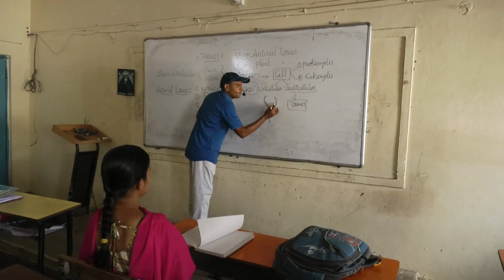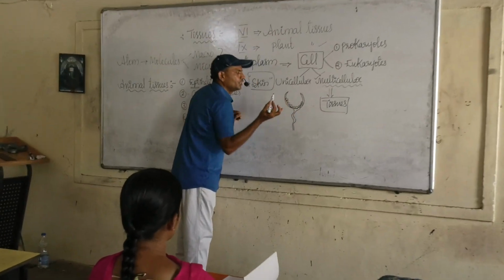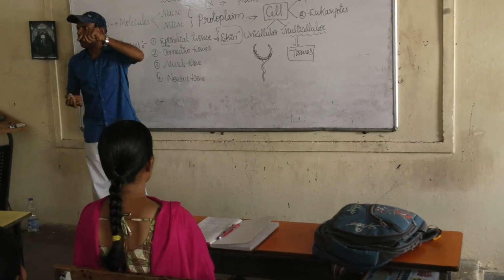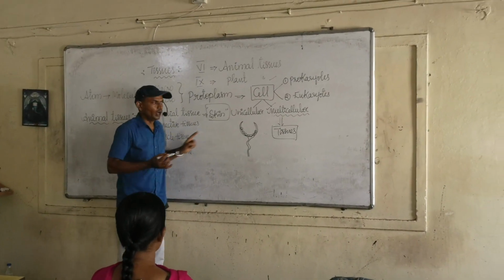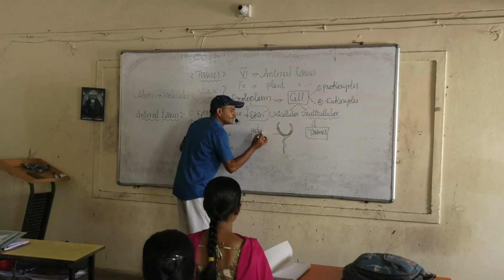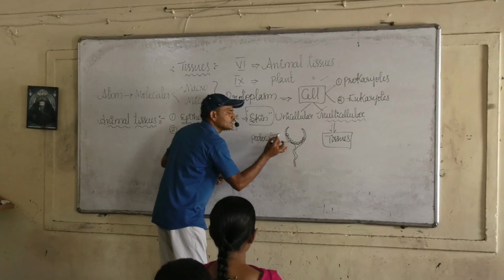Now the special epithelial cells which are present at the base, or at the lower end, of Bowman's capsule are called podocytes. What are they called? Podocytes.